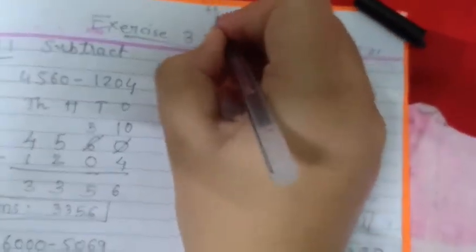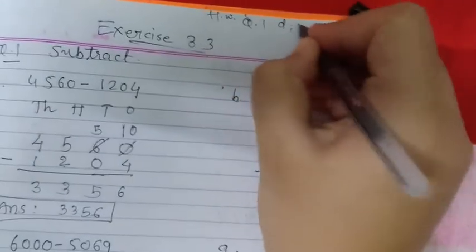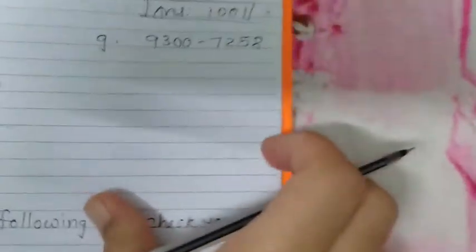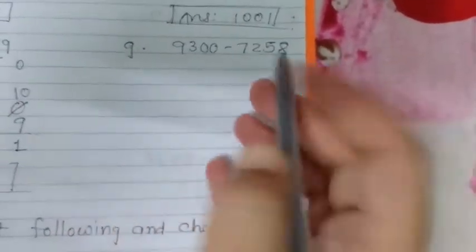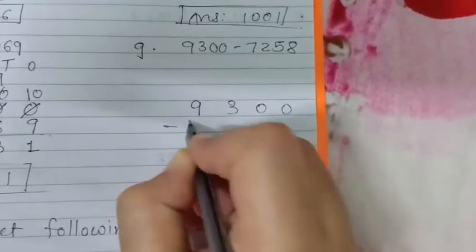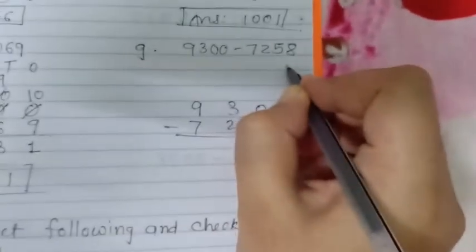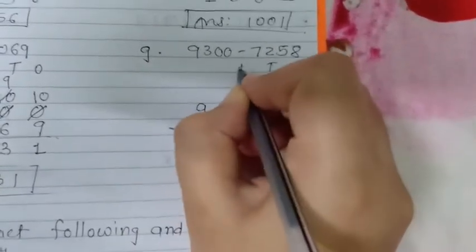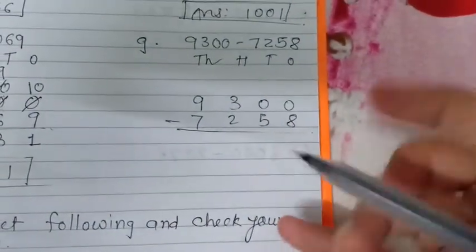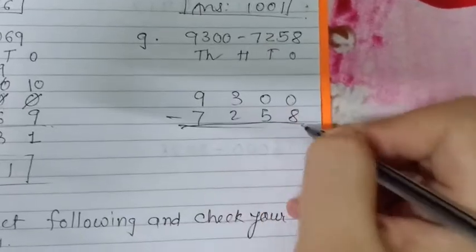Now in question number 1, D, E, F is your homework and H is also your homework. I am going to solve G. 9300 minus 7258. Right here the ones, tens, hundreds and thousands. Start the subtraction from the ones place. 0 minus 8.